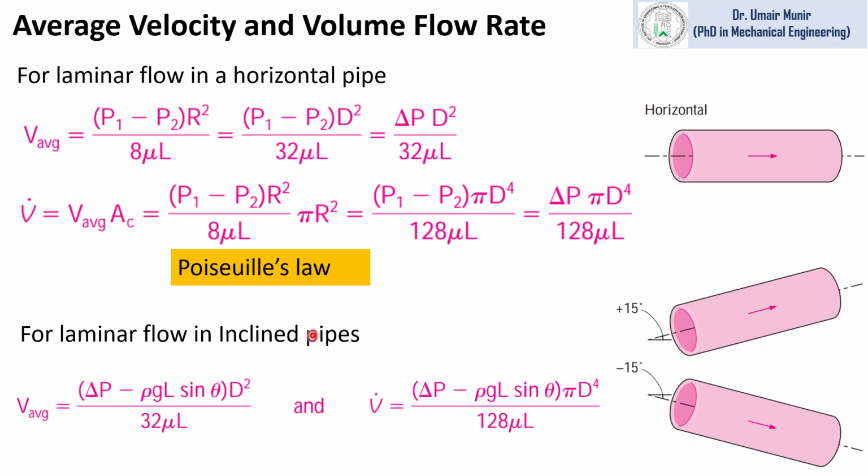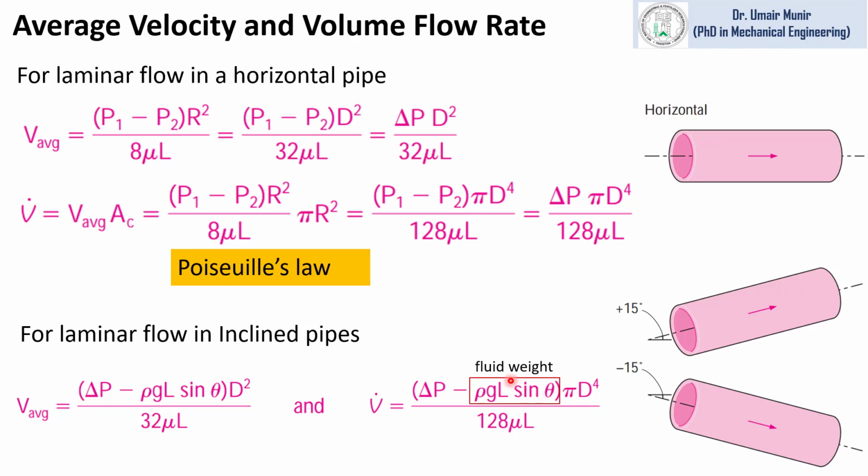For laminar flow in inclined pipes, we can find the average velocity and volume flow rate by using these expressions. In this expression, a term that has been added is rho g L sine theta. This term is added due to the weight of the fluid.